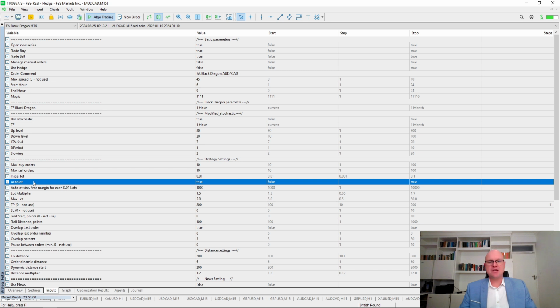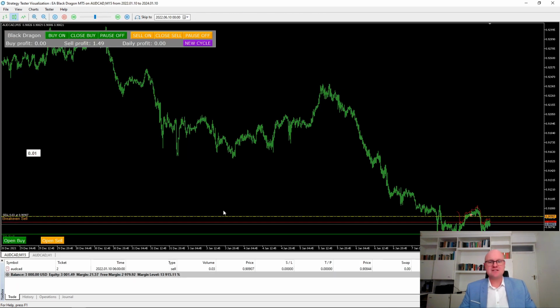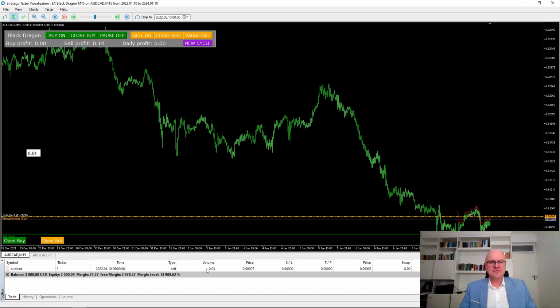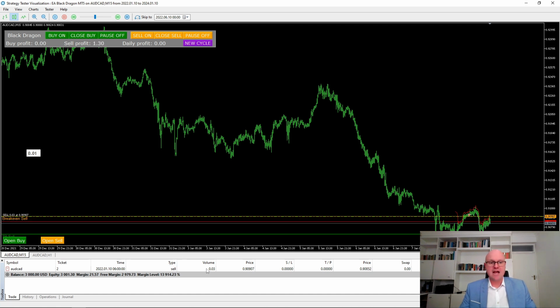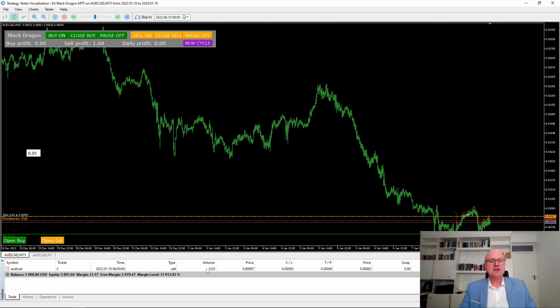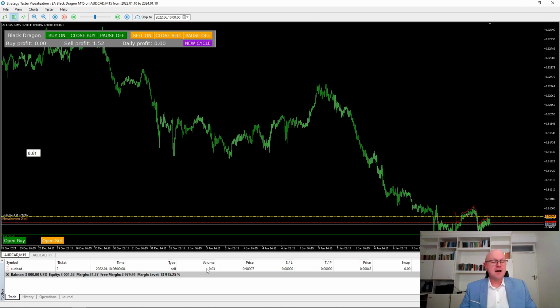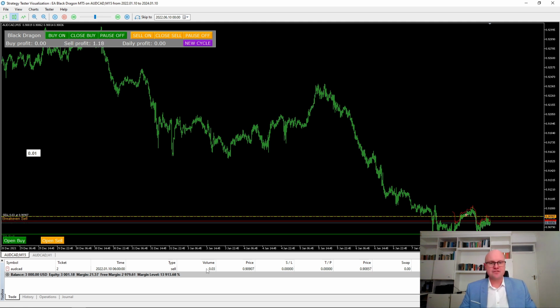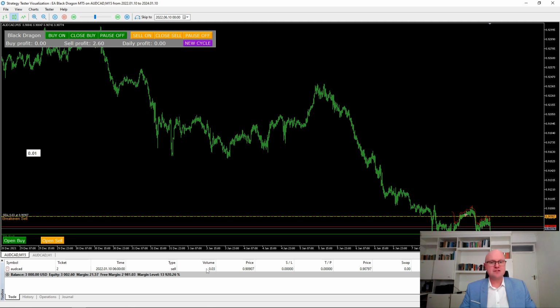Now, as I've said before, I don't recommend using 1,000 because it is very aggressive. Rather start at 2,500 and you can increase it further to over 5,000. I prefer using a conservative set file, 1,000, meaning on a 10K account, it will start with a 0.02.